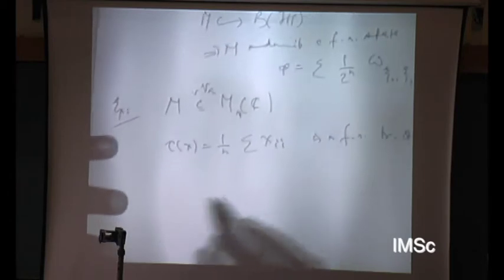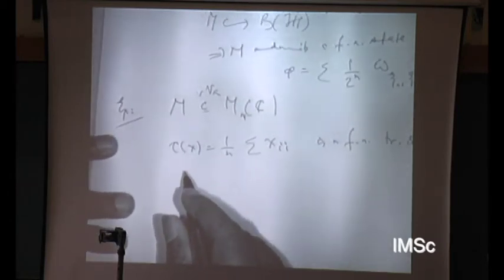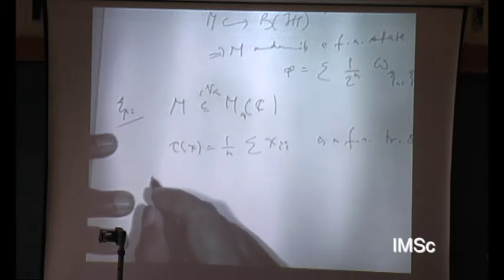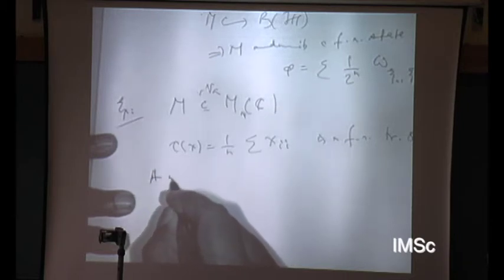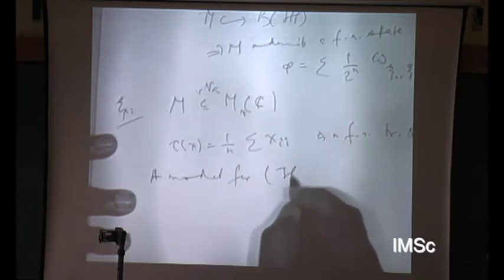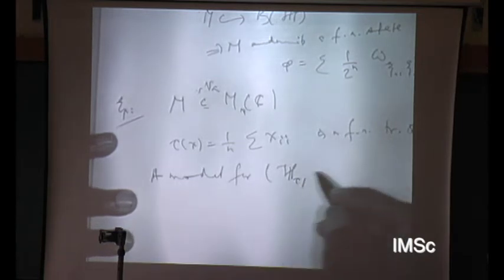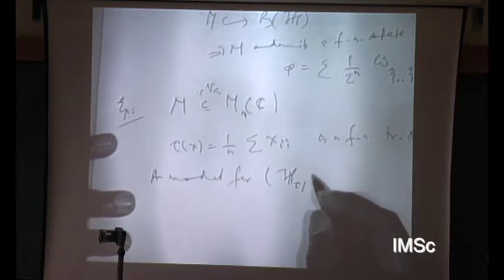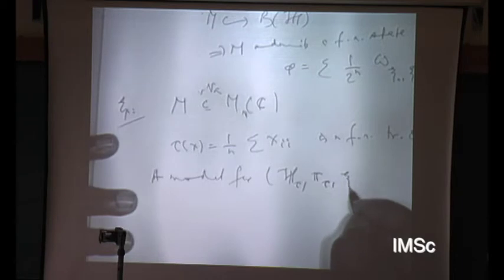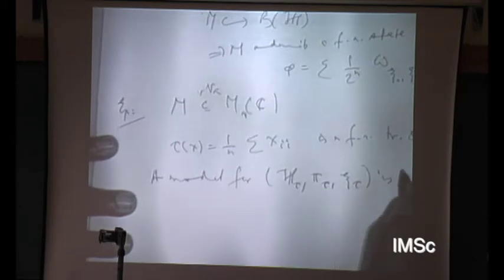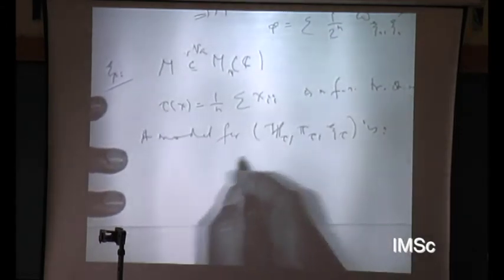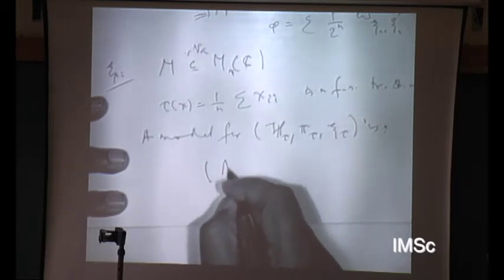Okay, but I want you to check that a model for H_tau, pi_tau, psi_tau is: for H_tau I just take A itself.